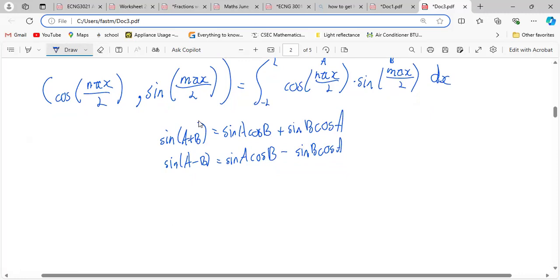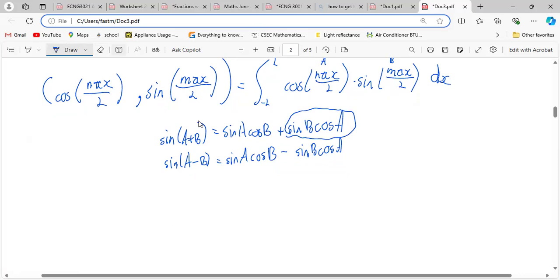So what you have to do now, which one do you want? You want cos A sine B. I wrote this in a weird way, because this way the cos was not after the sine.